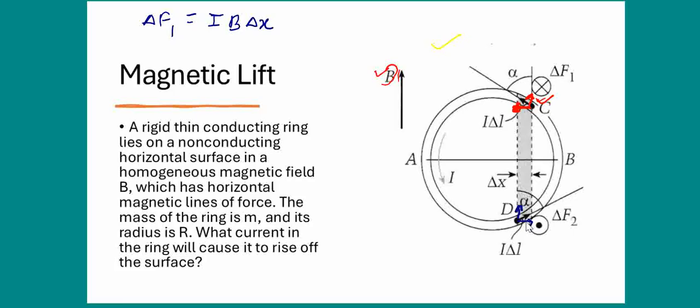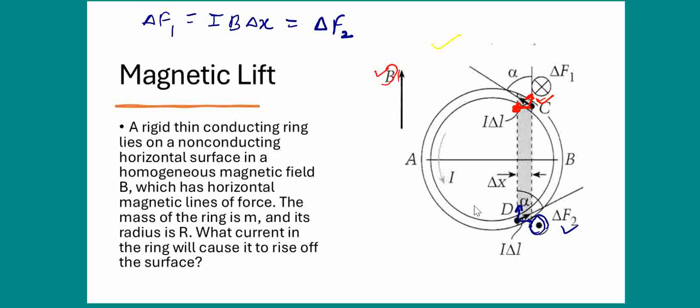So it will receive a force in the vertically upward direction. This is the direction of delta F2 here, and delta F2 will have the same magnitude, because nothing changed, only their directions are different.